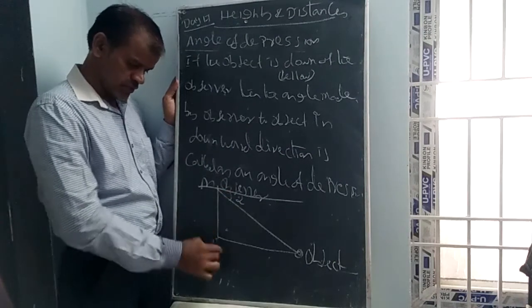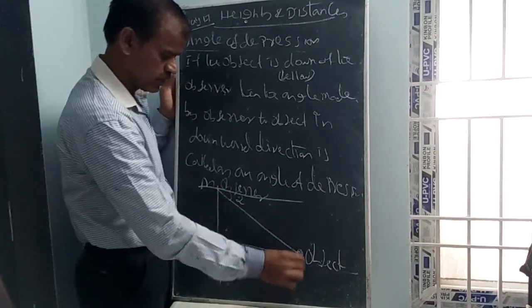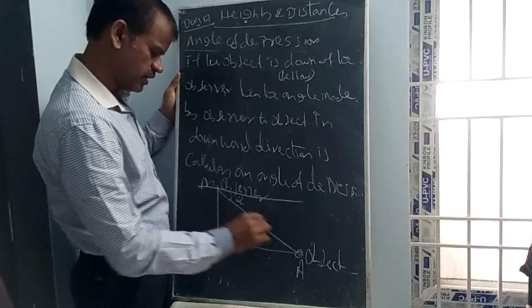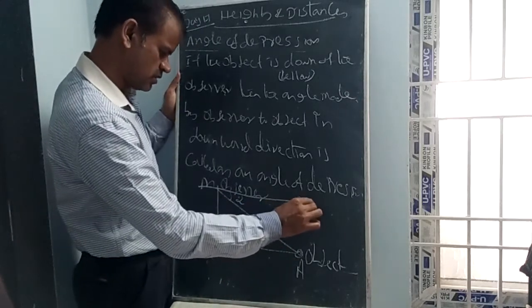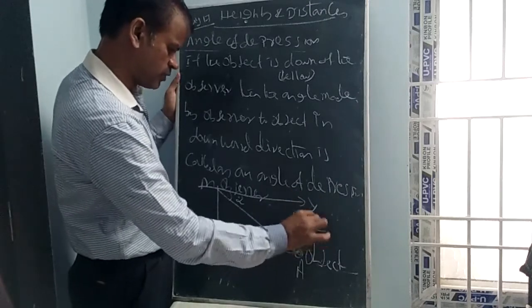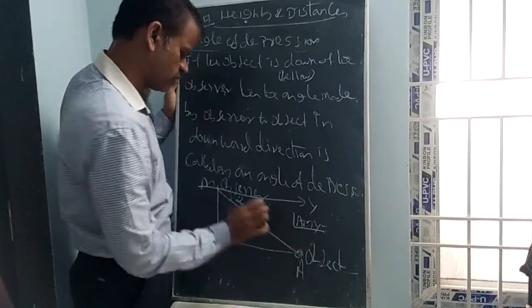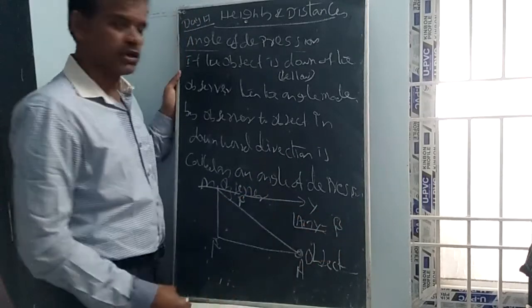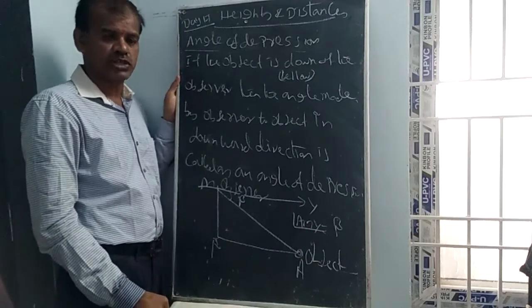Put here, this is M, this is P, this is A, the object, and this is Y. Angle AMY is equal to beta, called the angle of depression.